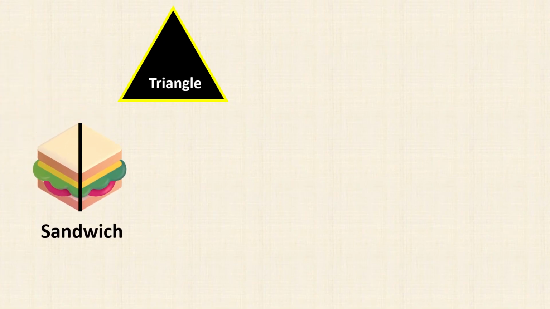If you take the sandwich and cut it through the middle, we get a triangle. Look here. The first side, second side, and the base is the third side. Clear? Okay. And the corners are the first corner, second corner, and third corner.